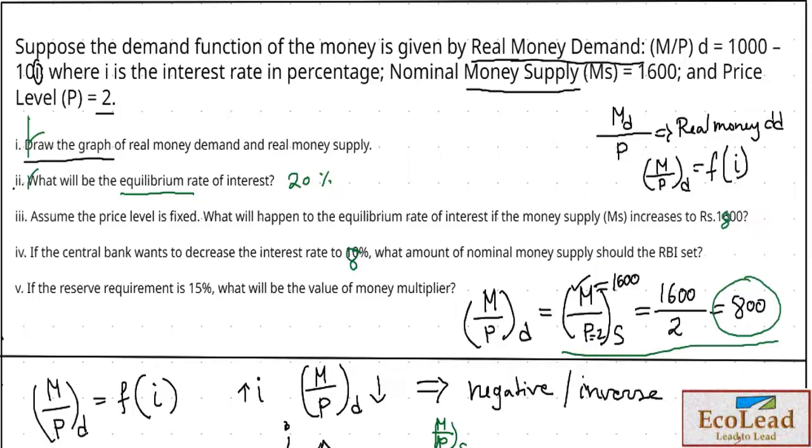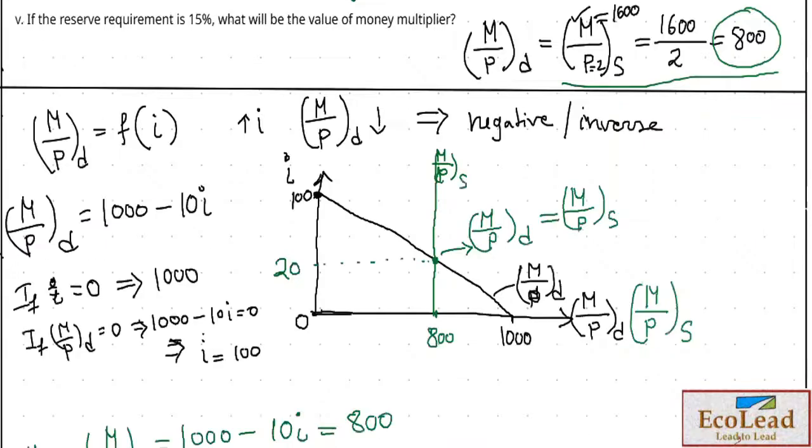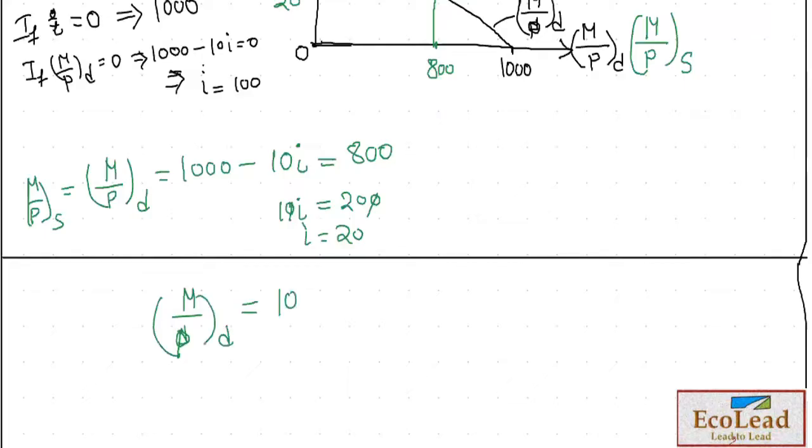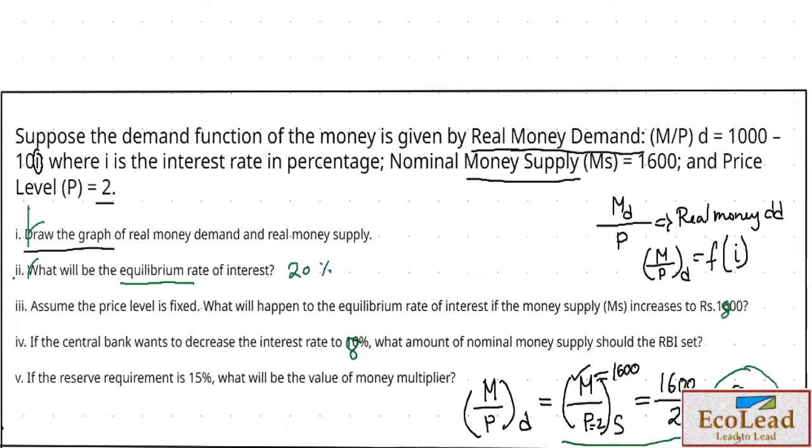The same thing we will do that we have done in the previous question. We will first equate the money demand equation with the money supply. So the money demand equation is 1000 minus 10i, which is equal to, in this case, the money supply increased to 1800 rupees.